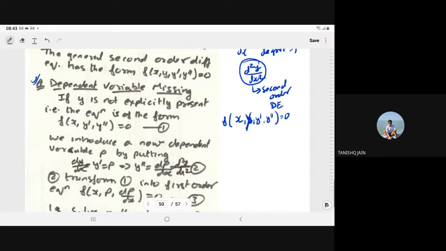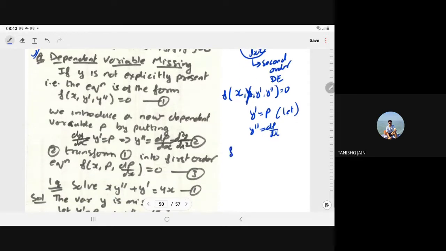So in that case, we assume y dash as p. Let y dash is equal to p. So it will give you y double dash is equal to dp by dx. So this will become f of x, p, and dp by dx. What is this?